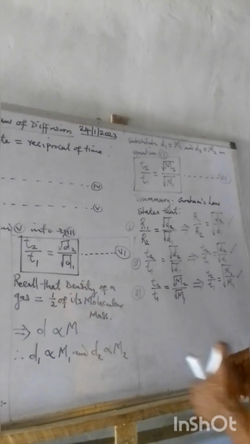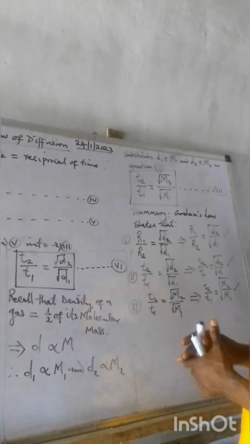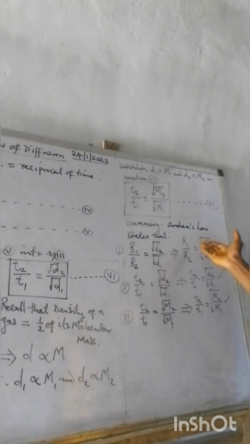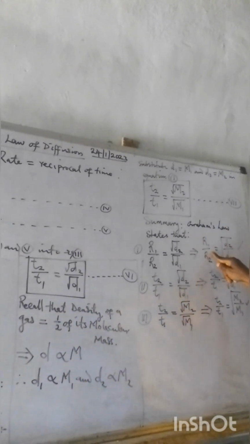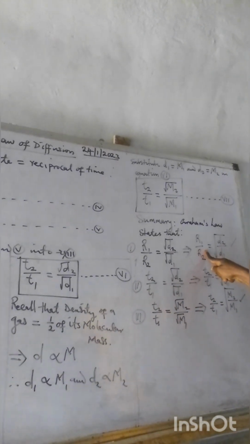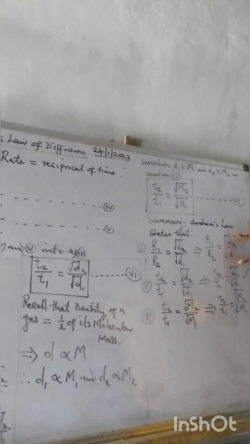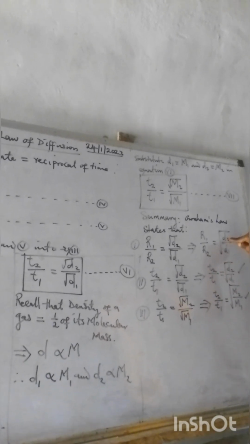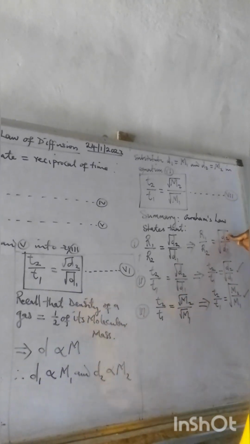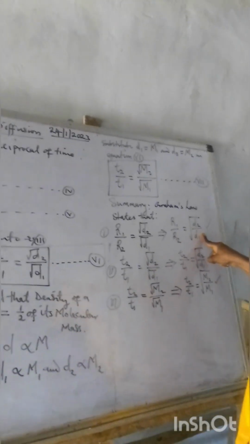Depending on the question you are given and the variables in that question, we can say that the rate of diffusion of gas 1 divided by rate of diffusion of gas 2 gives us square root of the ratio of vapor density of gas 2 to that of gas 1.